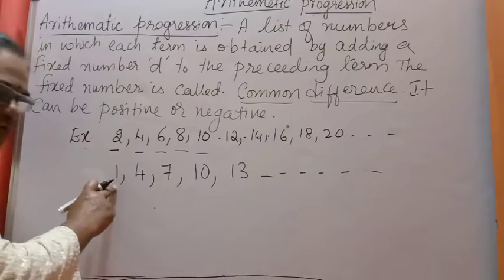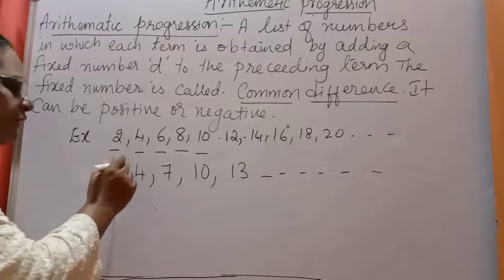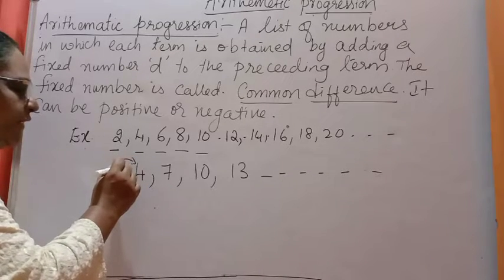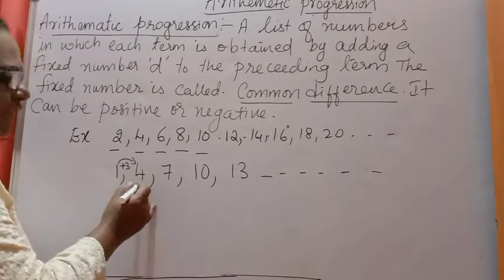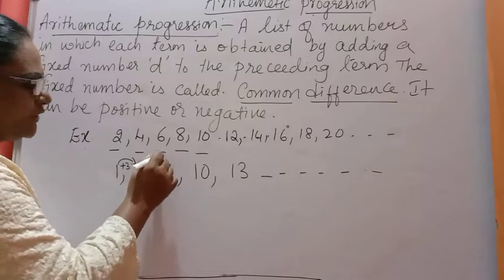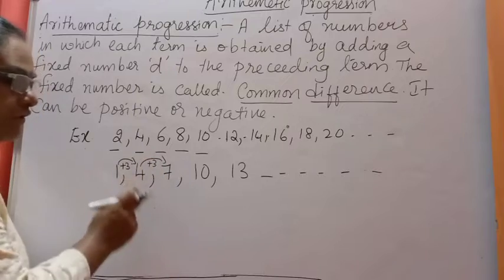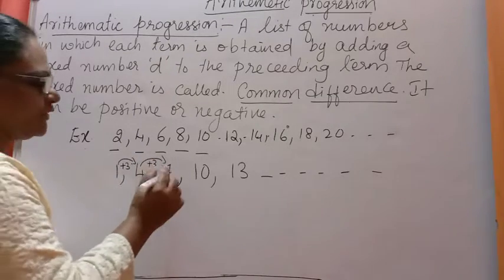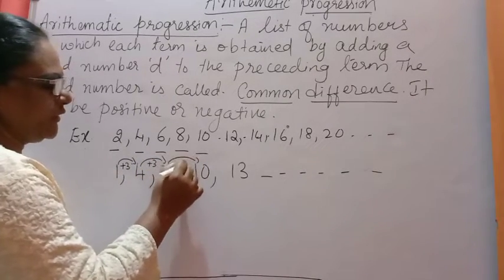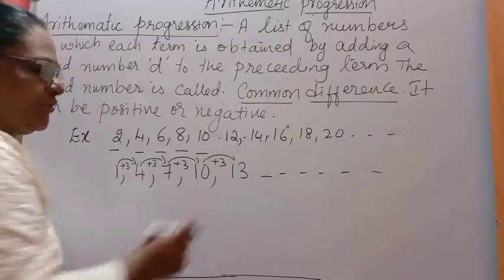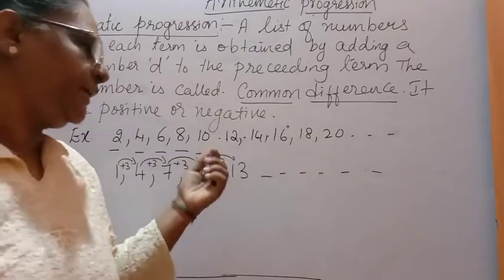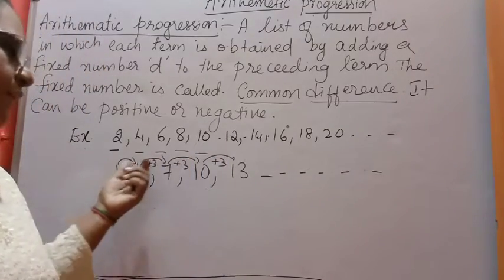To get the second term from the first term, I have added 3. Again, to get the third term, I have added 3, and for the fourth term, plus 3 gives 10.